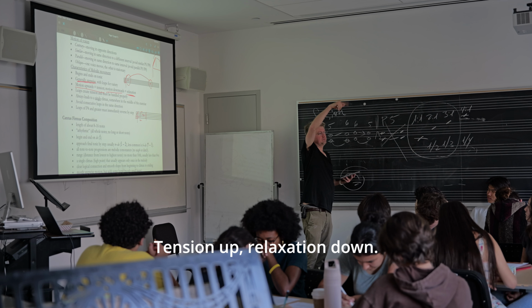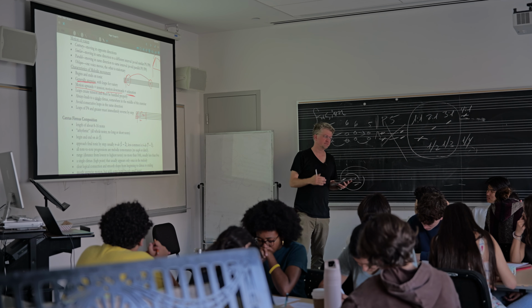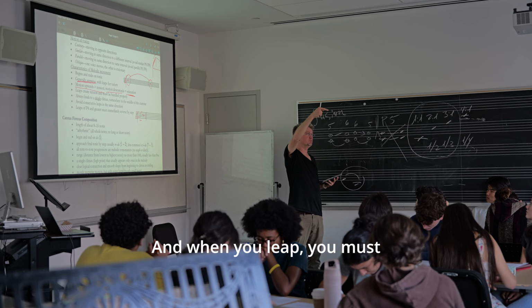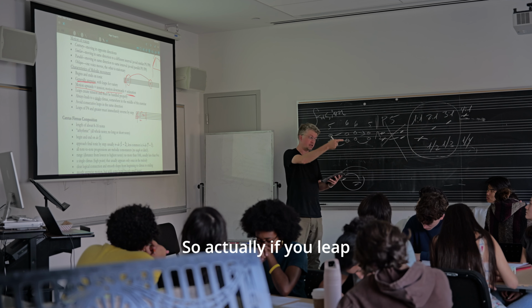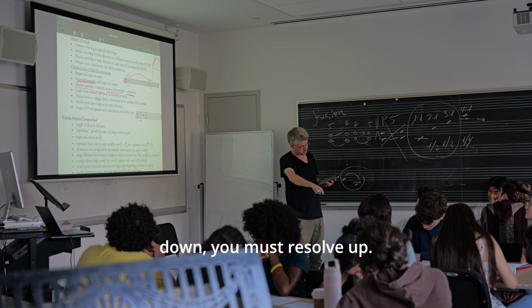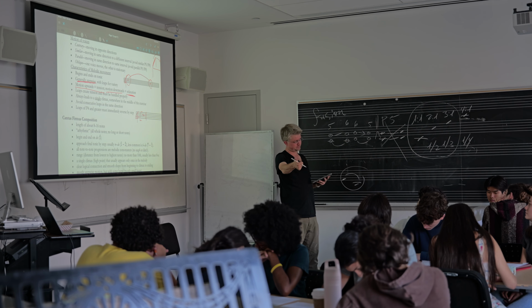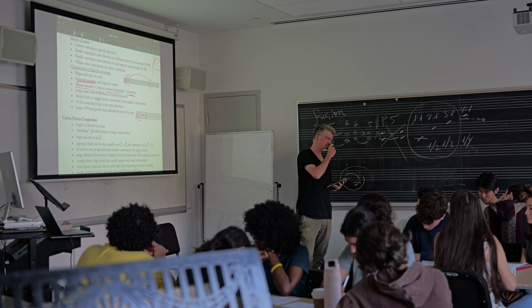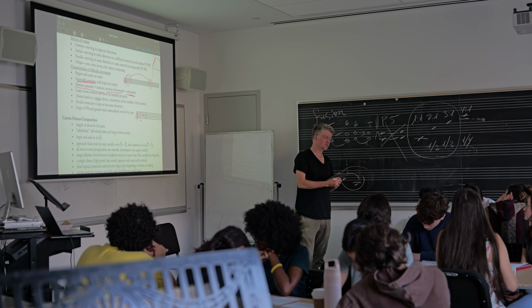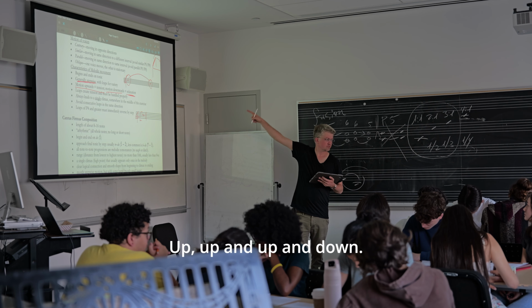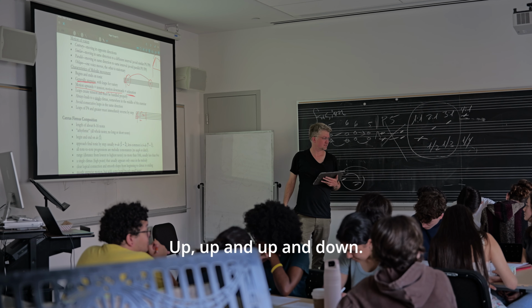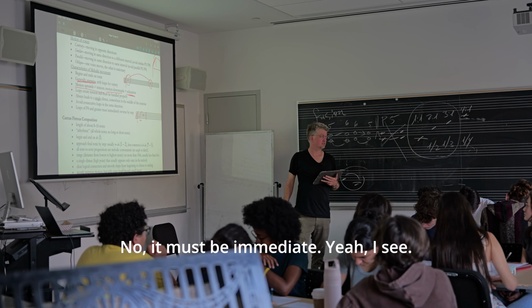Tension up, relaxation down. So, when you leap, you must go in the opposite direction. So actually, if you leap down, you must resolve up. What if you go up and then go down? Well, that's what we're doing. Up, down, up and down. Doesn't make sense.